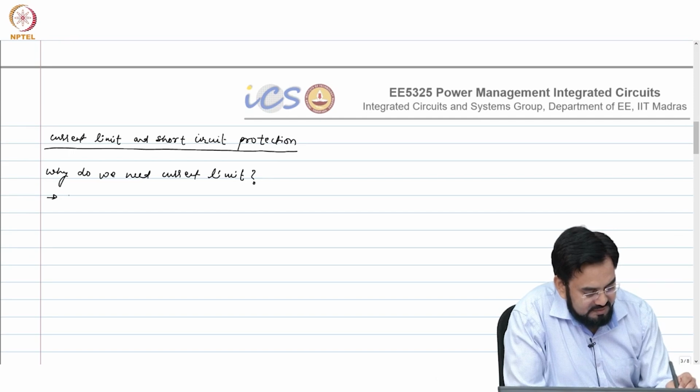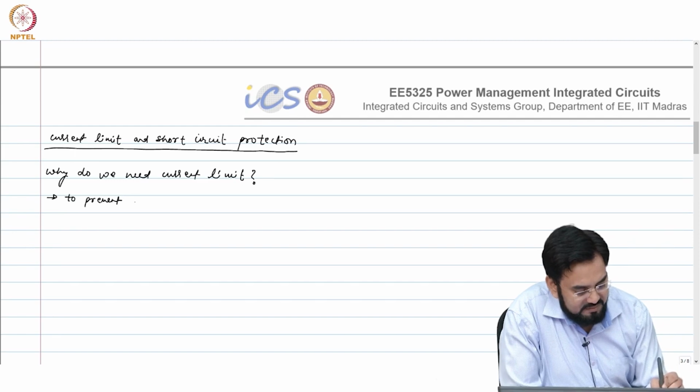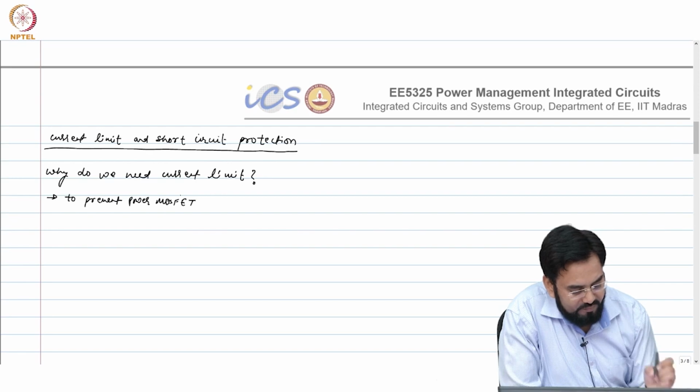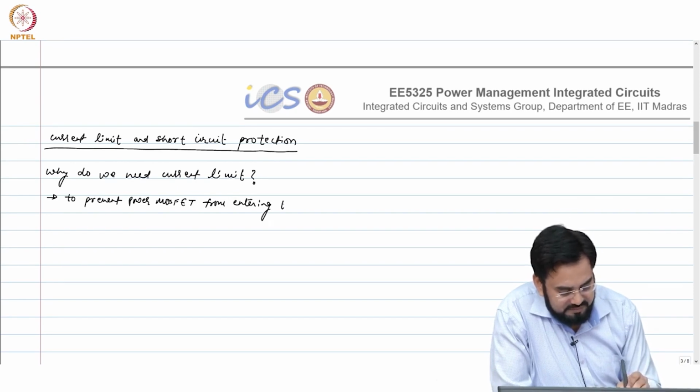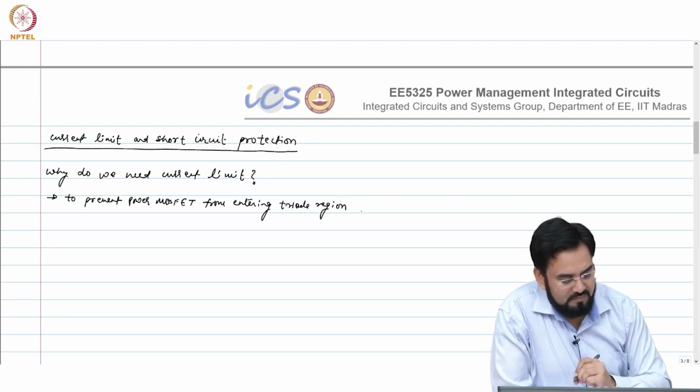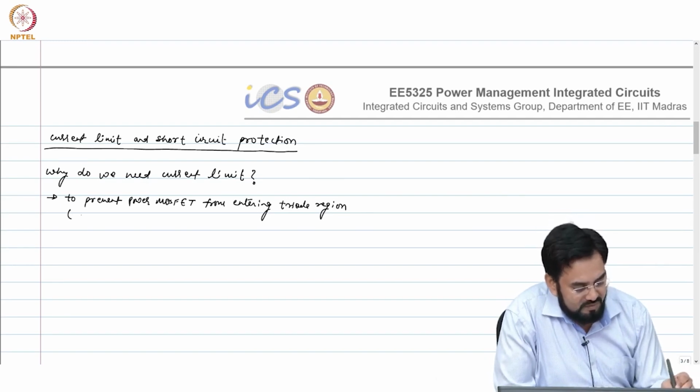So number one is to prevent the power MOSFET from entering triode.